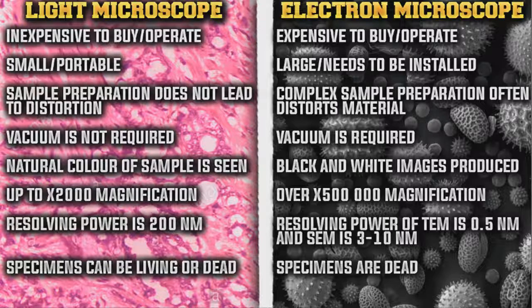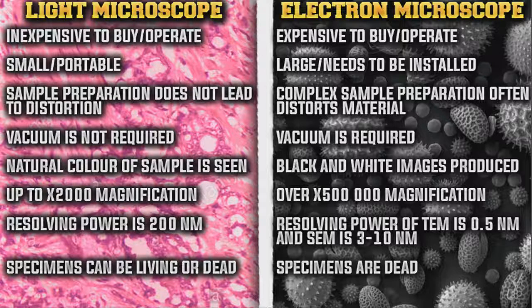A vacuum is not required for a light microscope. The natural colour of the sample is seen unless you're using a dye, in which case it'll be the colour of the dye. You can get up to 2,000 times magnification with a light microscope, and the resolving power is 200 nanometers. Specimens in a light microscope can be dead or alive, so it doesn't matter which you use.